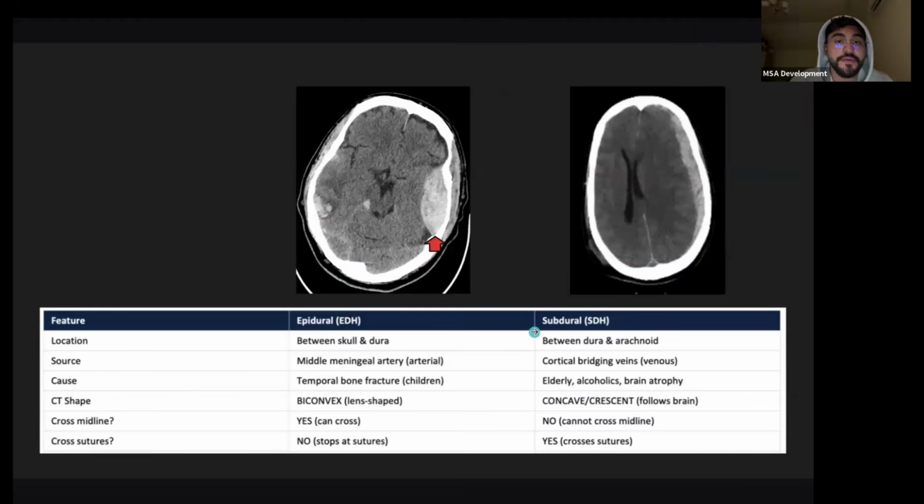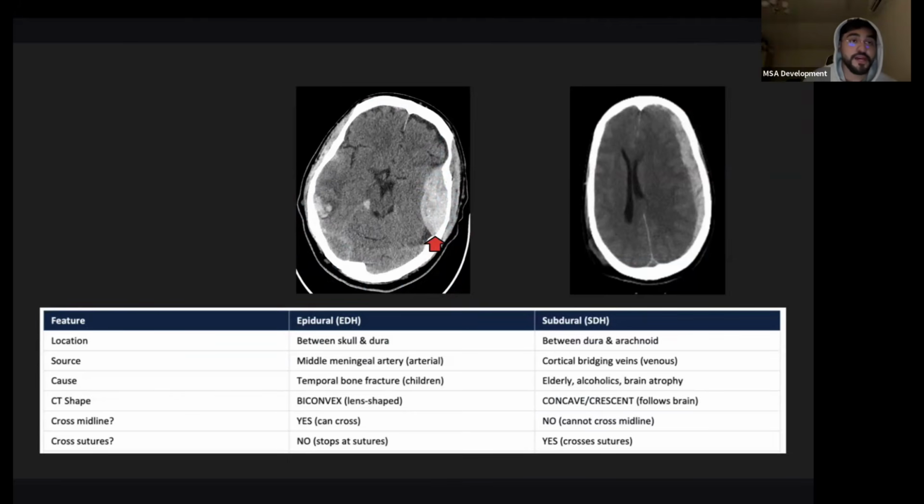All right. Let's take a look at this beautiful hematoma right here. It looks like a lemon, right? This one is an epidural hematoma, which happens between the skull and the dura. This is due to the middle meningeal artery. By now, you should know it.